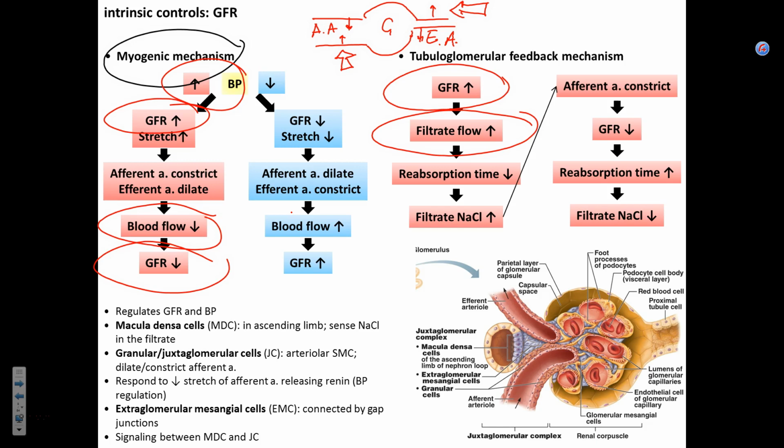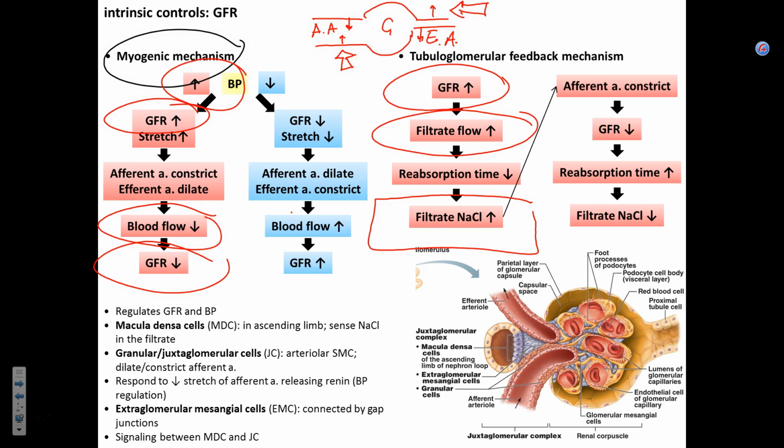Now, reabsorption is the movement of stuff from the filtrate into the blood. If reabsorption decreases, what happens to the concentration of, say, salt in the filtrate? It goes up because there's not enough time to take it into the blood. Does that make sense? Do you understand what I just said?